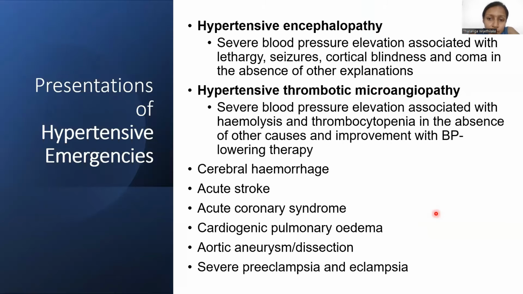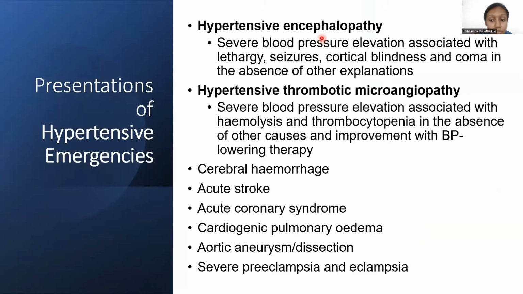Okay, now let's see how these patients commonly present with hypertensive emergencies. Patients can commonly come with hypertensive encephalopathy. So they've got a very high blood pressure number associated with lethargy, seizures, cortical blindness, and coma in the absence of other explanations.